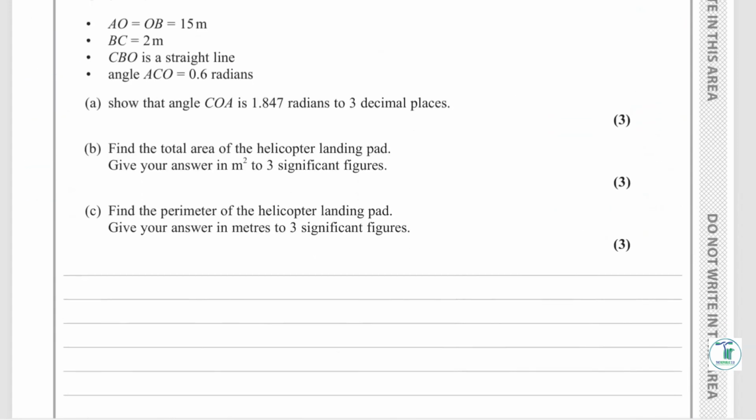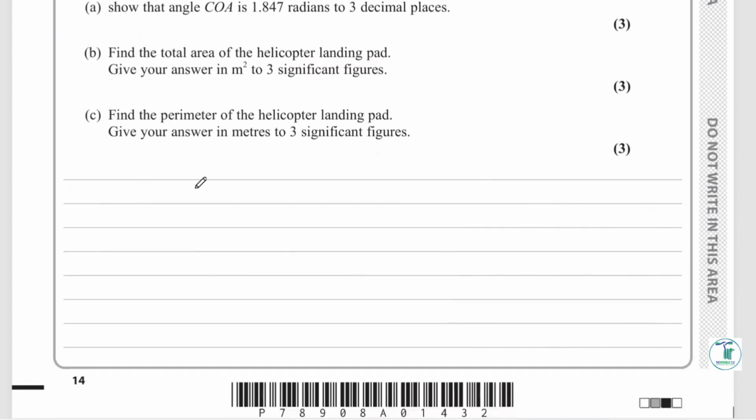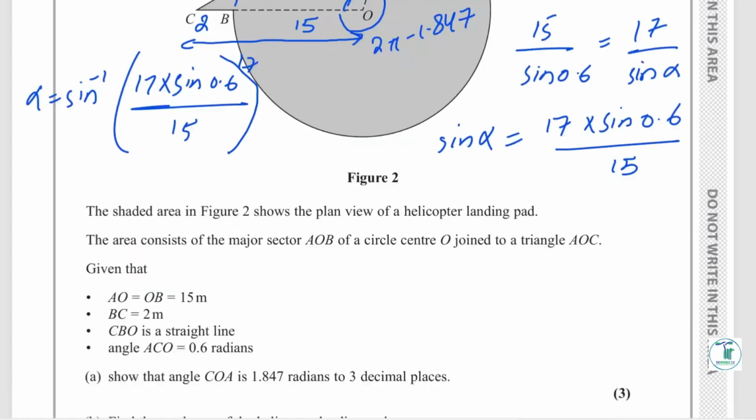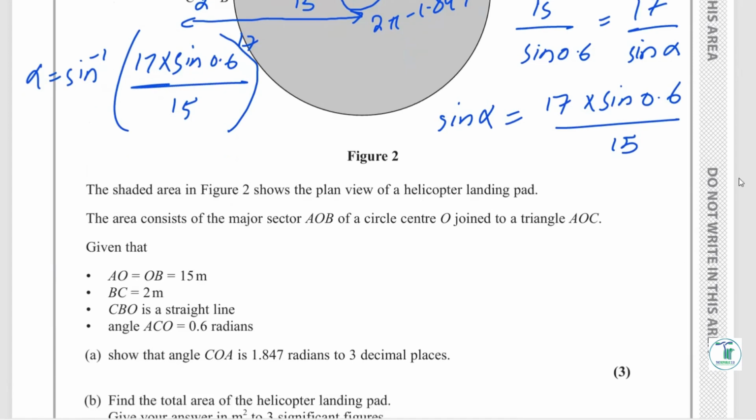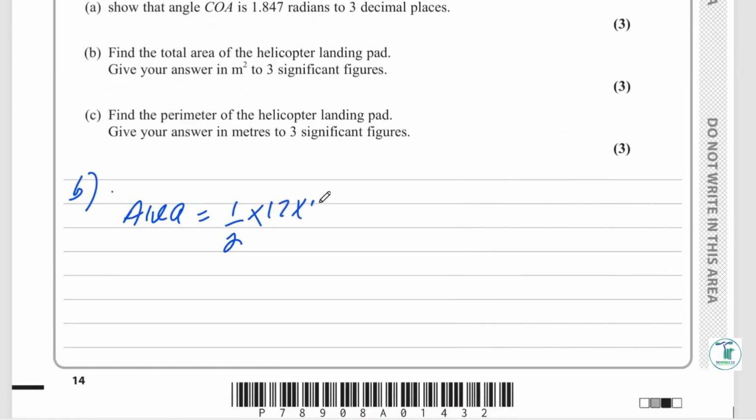After this, we need to find the total area of the landing pad. How can you get the total area? In the B part, the total area would be the sum of the area of the triangle and the area of the sector. How would you calculate the area of the triangle? One half times the sides, 17 and 15, so 17 times 15, times the sine of the angle between them, 1.847.